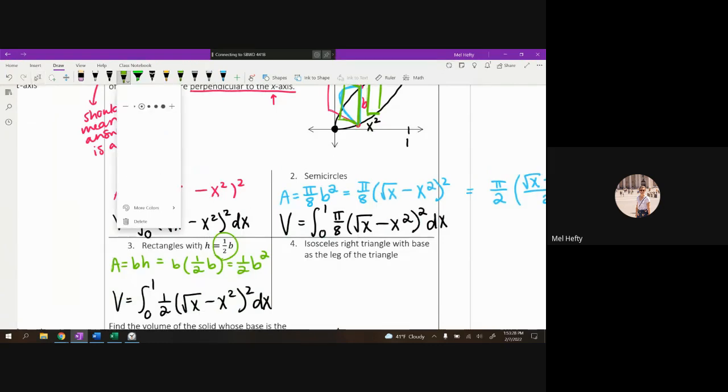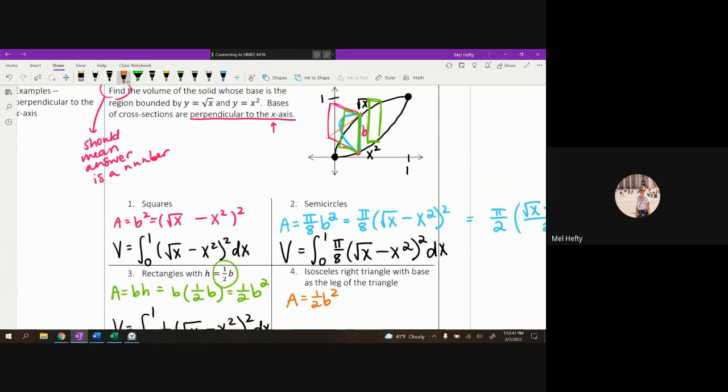Let's do one more, and I kind of want to show you. So isosceles right triangle, the base is the leg, without turning to the front page. Anyone know if it's the half or the quarter? Good. If we're talking about that as a proportion of the square, you're talking like this triangle right here.